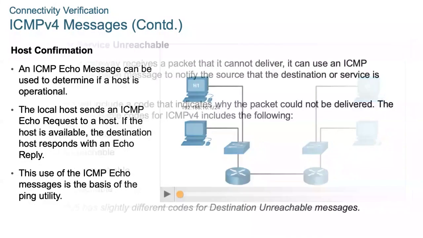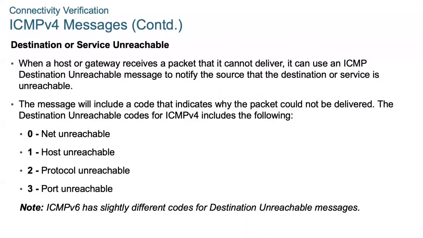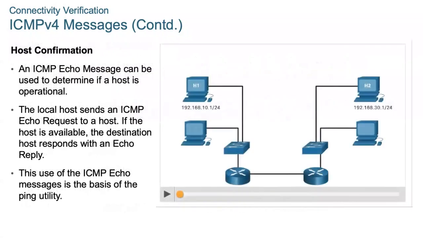So here it says, when a host or gateway receives a packet, in our case R1, that cannot be delivered to R2 all the way, or H2, maybe because of a disconnection of the link between R1 and R2, then it is the job of R1 to send an ICMP packet back to H1 to inform that H2 is not reachable.